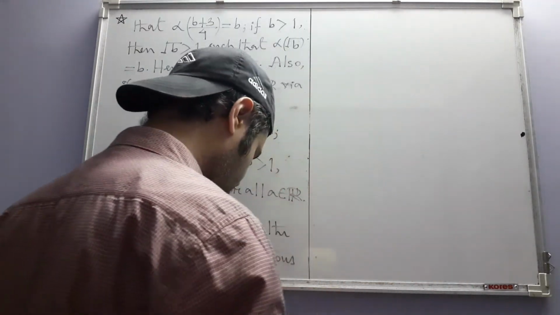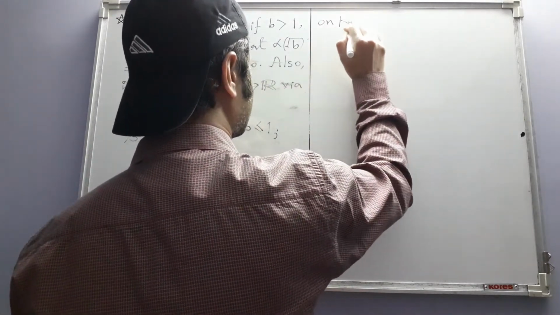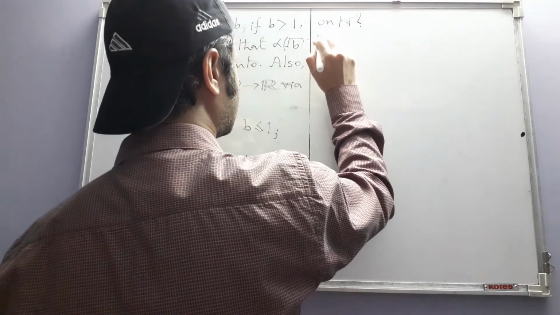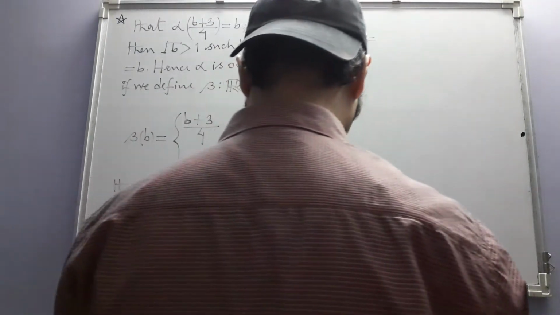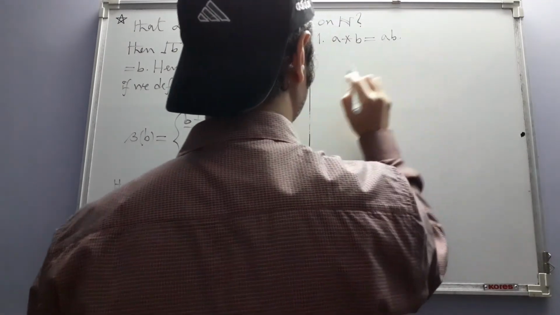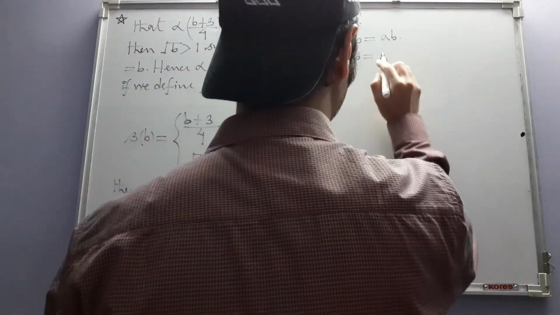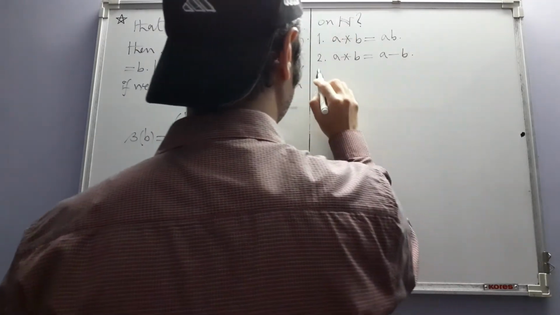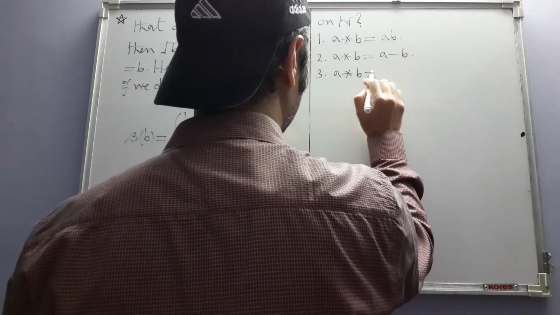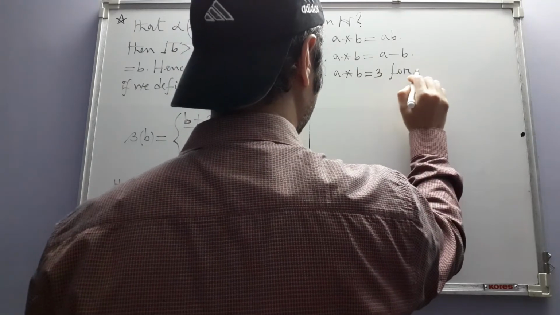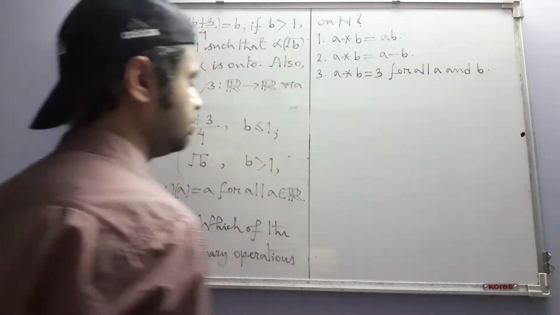Oh, binary operations on what? On N, on the set of natural numbers. A star B is AB. And the second one, A star B is A minus B. And the third one, A star B is 3 for all A and B.